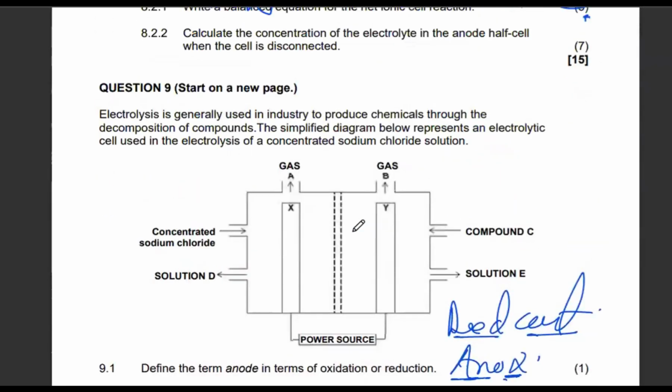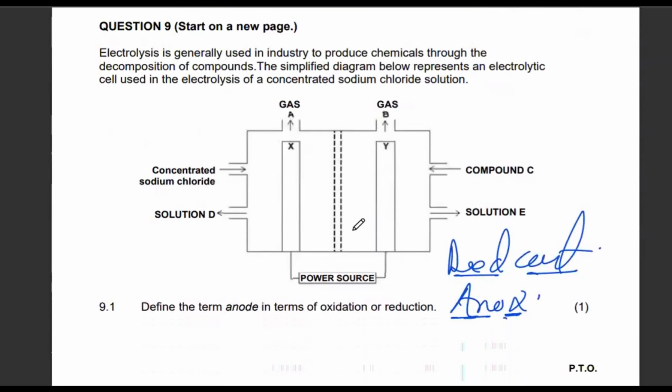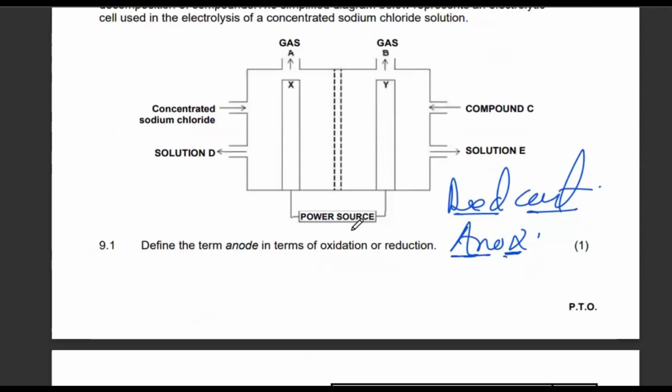If you look at this, it is meant to be X. Yes, but some small information was not given. So the terminal is X. Why? Because this is concentrated sodium chloride, sometimes we call it brine.